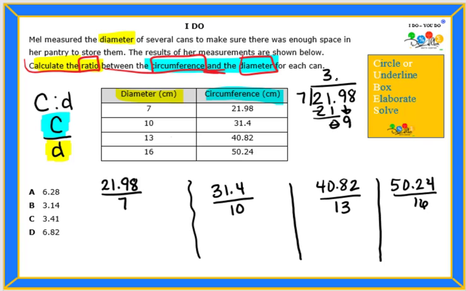We bring up the decimal. 7 goes into 9 one time. That's 7, 2 left over, so we bring down our 8. 7 goes into 28 4 times. And we are done. So for 21.98 over 7, we get 3.14.